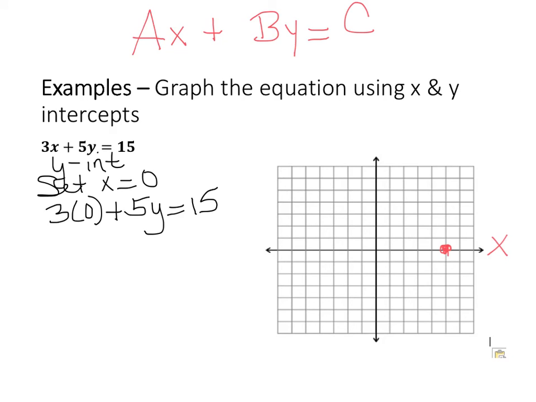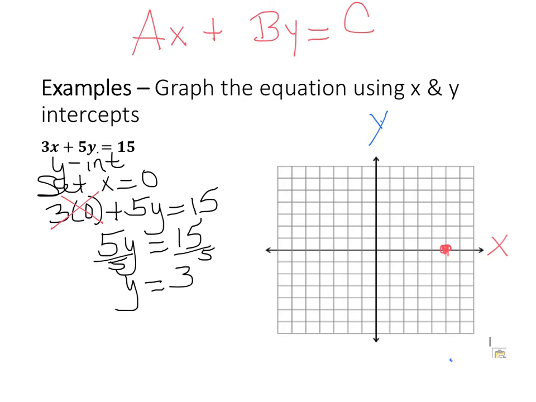This term right here cancels out, and you are just left with the y. And your y-intercept in this case is 3 because 15 divided by 5 is 3. So my y-intercept goes on my y-axis at a positive 3. And then once you have 2 points, all you have to do is connect the dots and you have your line.